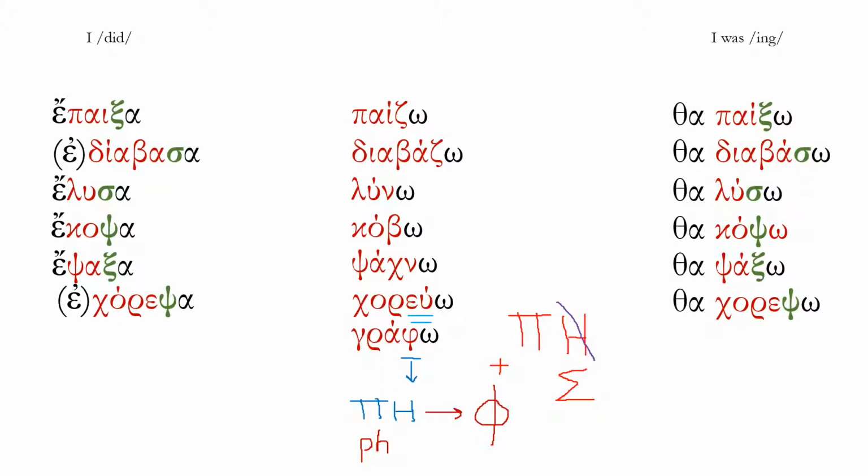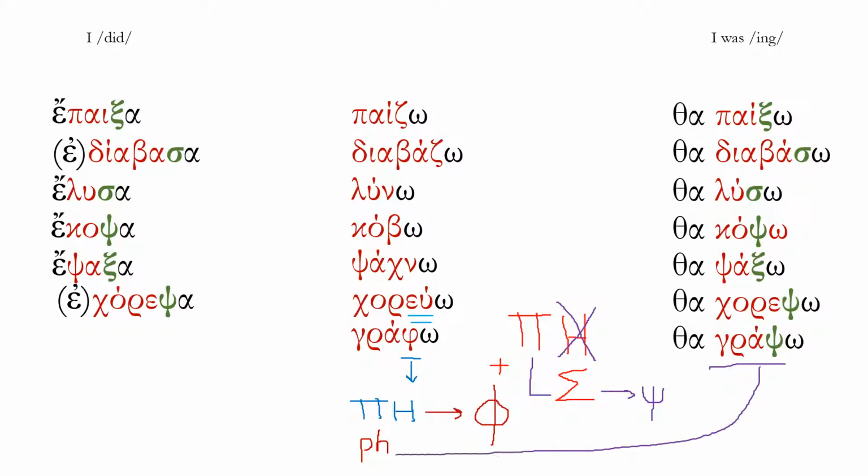H's we can easily imagine are silent, and we're left with a p, s, p, s. Gives us the psi sound. Θα γράψω. And we're going to take that whole stem and go all the way back here to use it again. Έγραψα.